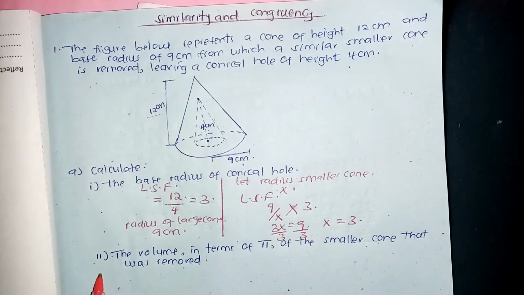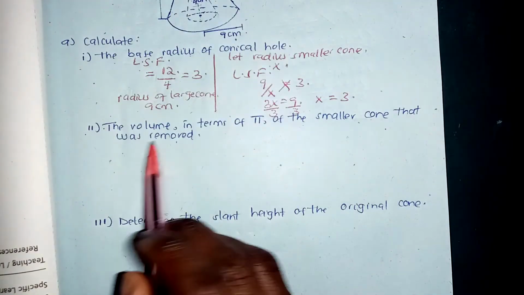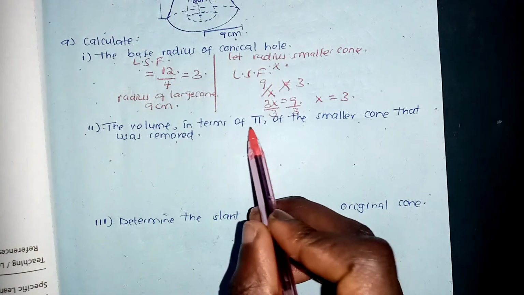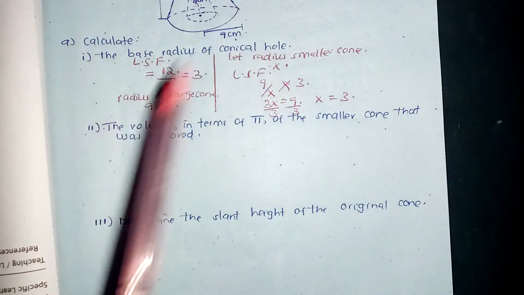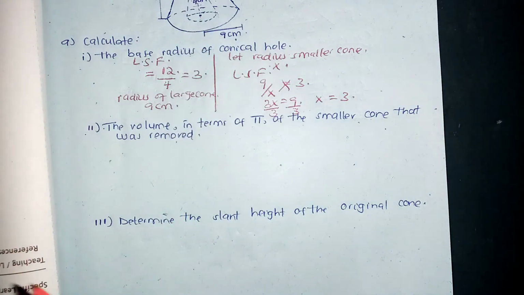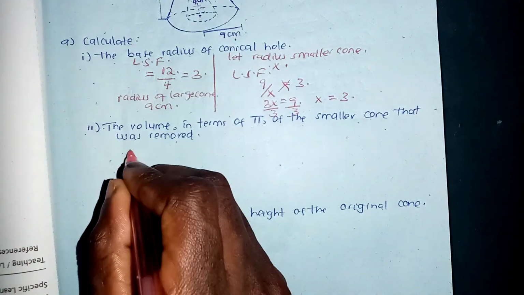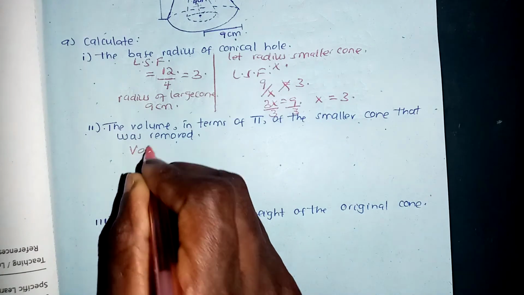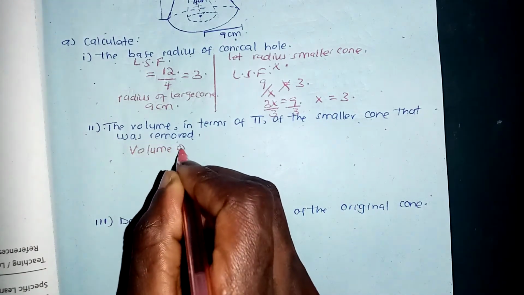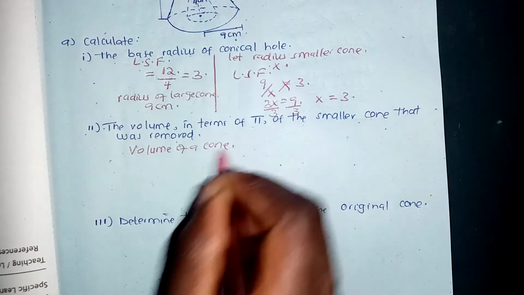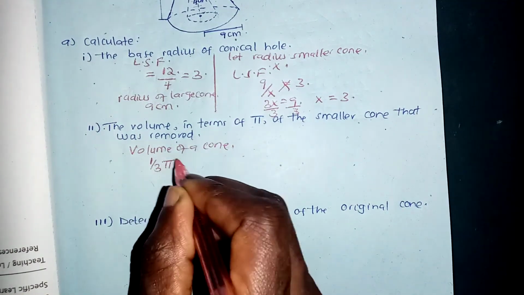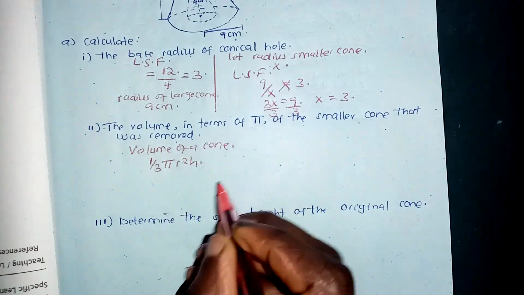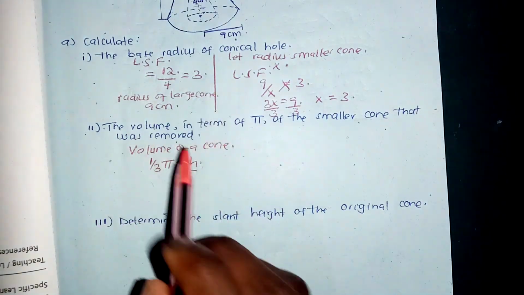Then (ii), the volume in terms of pi of the smaller cone that was removed. The volume of a cone is given by a third pi r squared h, where h is the height of the cone.